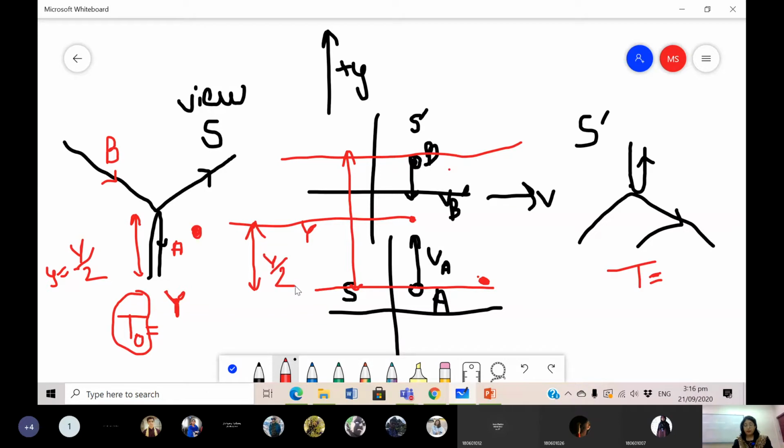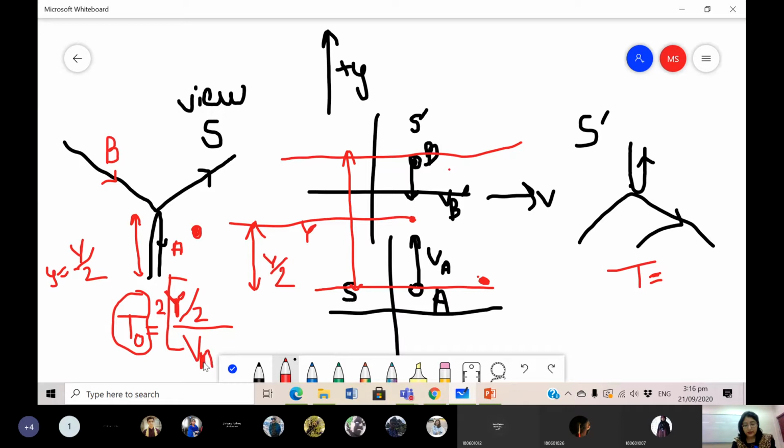Y divided by 2. So if it goes up, it will travel y divided by 2 distance. If it goes down, it will travel y divided by 2. But the total time will be twice y divided by 2 divided by the speed, because time is equal to distance divided by the velocity.